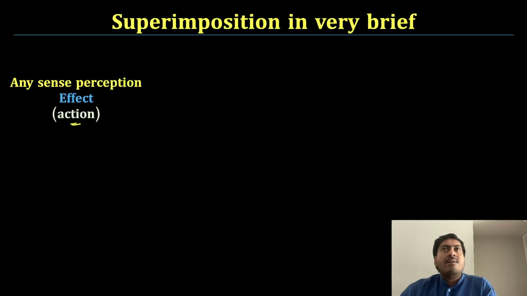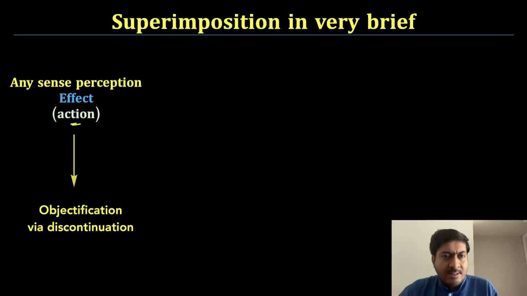And we have all sorts of actions throughout the universe, and based on those different actions we are having different colors, different touch sensations, etc. And due to that we are helpless but to objectify the whole universe into solid, liquid, etc. And not only into solid, we are also objectifying the category of solid into different types of solids. Whole varieties of solids are there, for example. So this is how we are helpless but to objectify our whole universe through discontinuation.